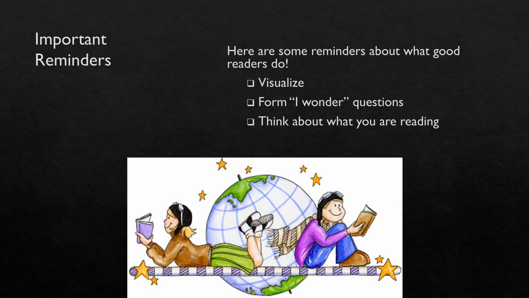Before we close, I want to remind you about this week's objective. I can identify a character's point of view by focusing on who is telling the story. So remember, we have already identified who is telling the story, which is the wolf.